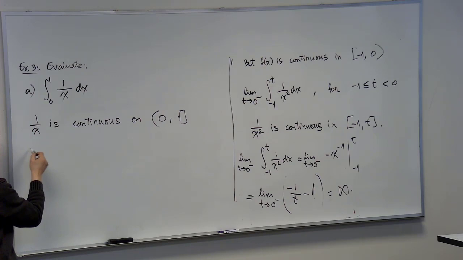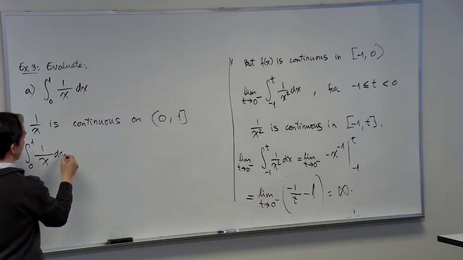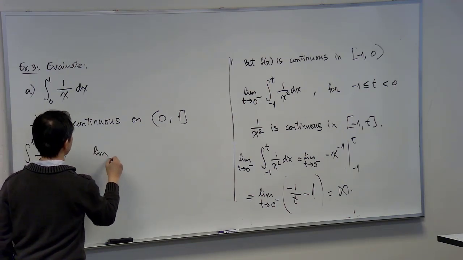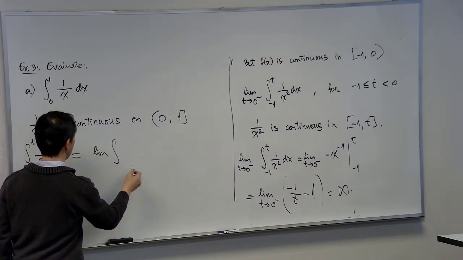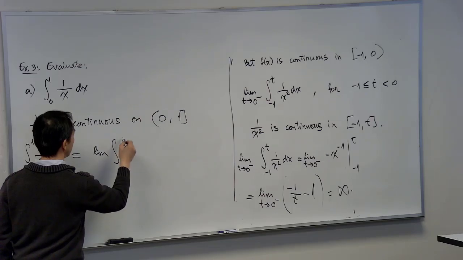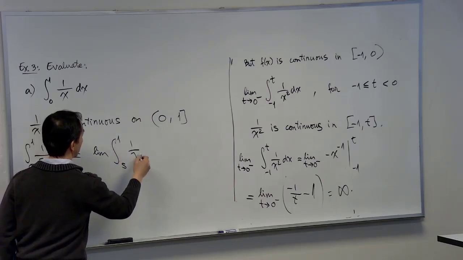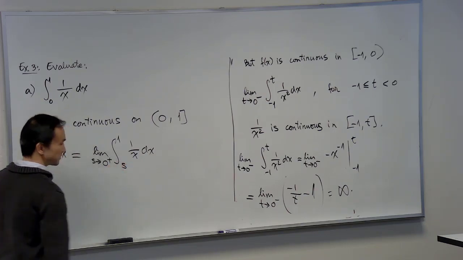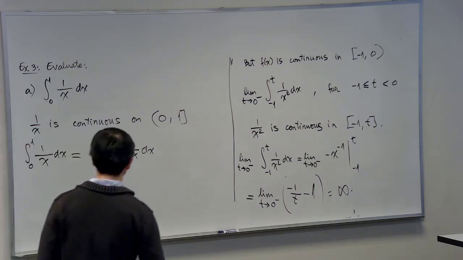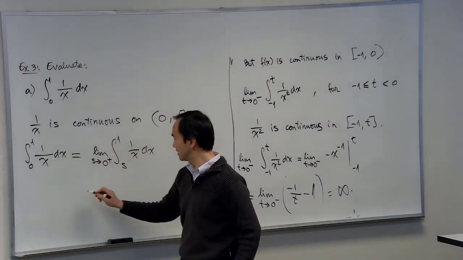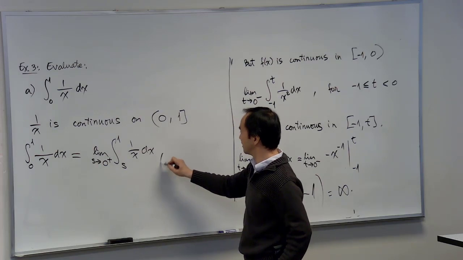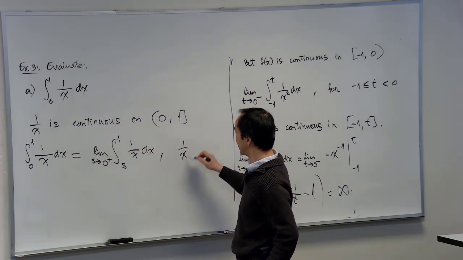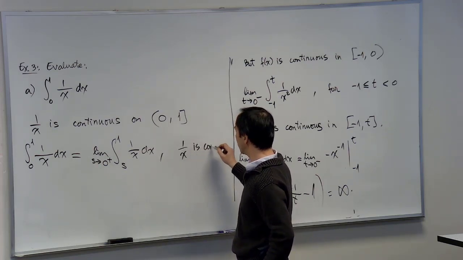So we rewrite the integral as the limit of the integral from s to 1 of 1 over x dx, where s approaches 0 from the right-hand side. And 1 over x is definitely continuous there.